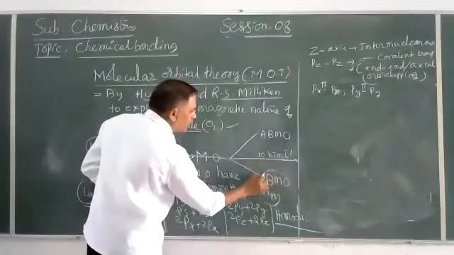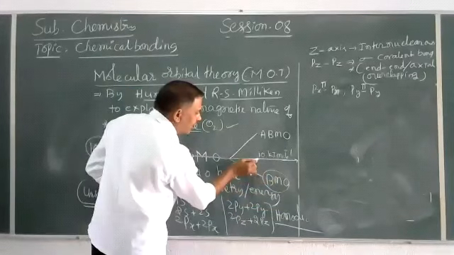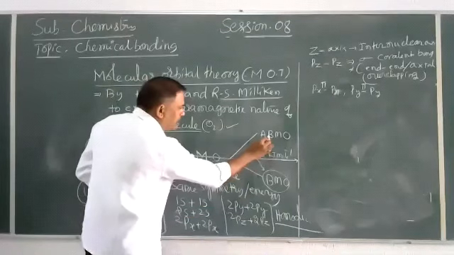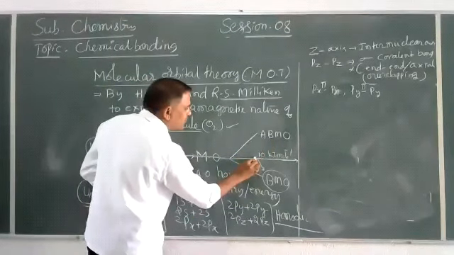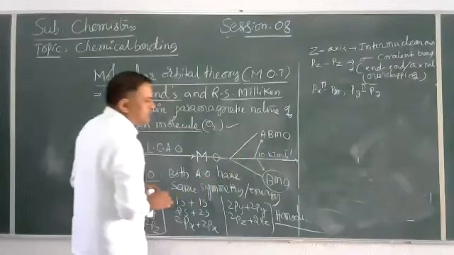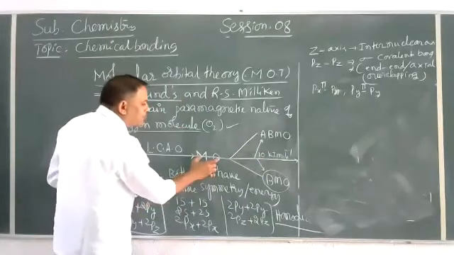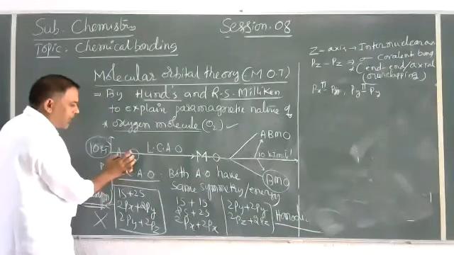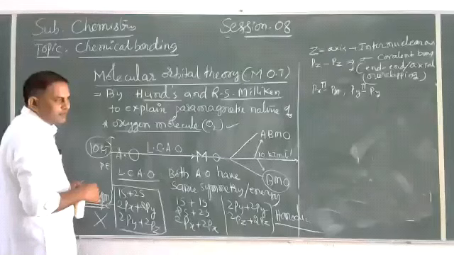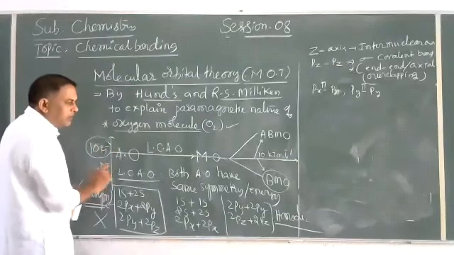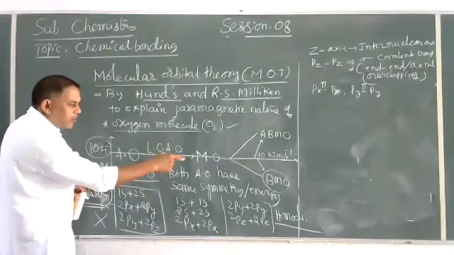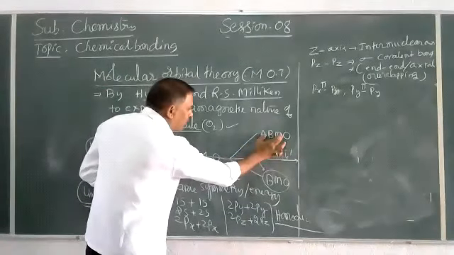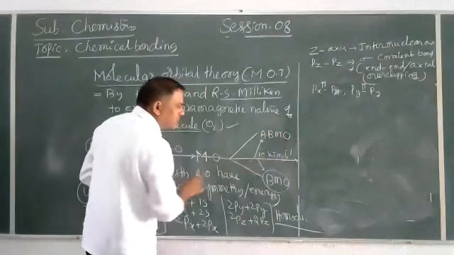The bonding molecular orbital energy is less than 10 kilojoules, and the anti-bonding molecular orbital energy is more than 10 kilojoules. The sum of the molecular orbital energies must equal the sum of the energies of the atomic orbitals. So compared to the bonding molecular orbitals and atomic orbitals, the anti-bonding molecular orbital energy is more.